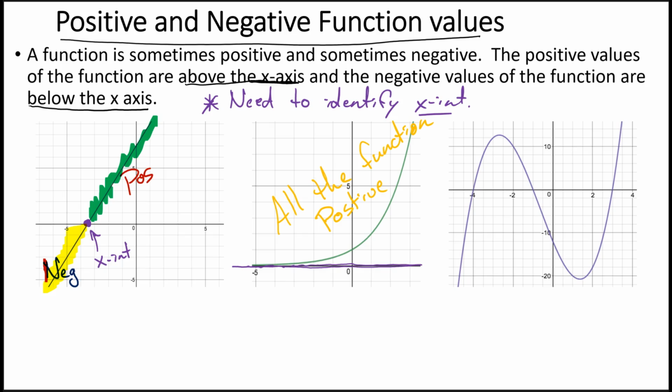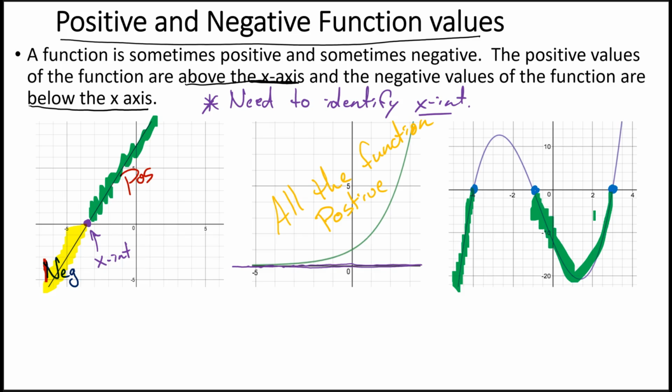And so on this last one, we actually have several chunks. So we have some x-intercepts here, here, and here. So we have 3 x-intercepts for this one. And so we have this portion of the graph here that is below. We also have this portion here. There we go.